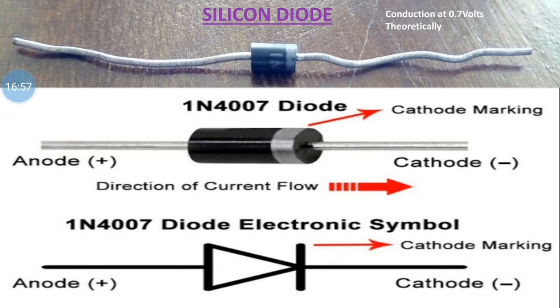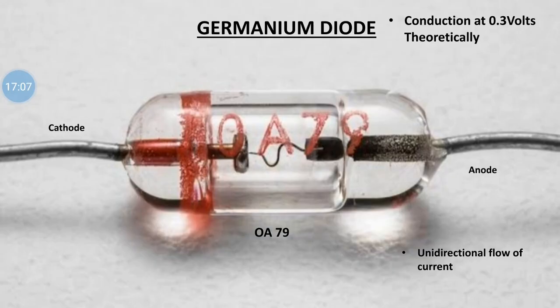The direction of current, as I have said, is unidirectional, that is from anode to cathode. Germanium diode has a conductivity of 0.3 theoretically, and its code is OA79. The conduction of flow is from anode to cathode.